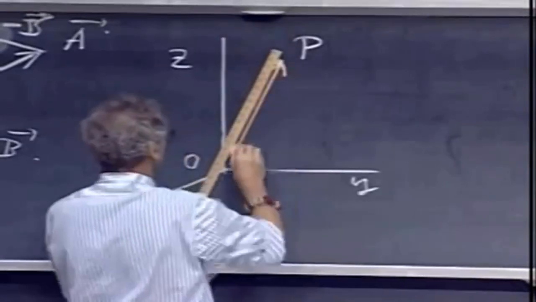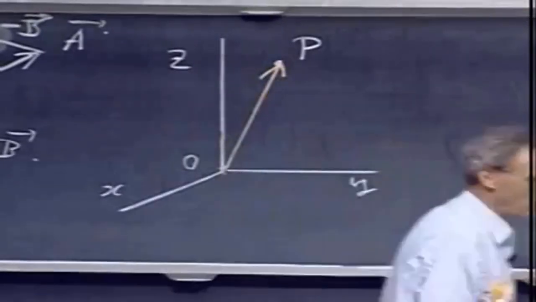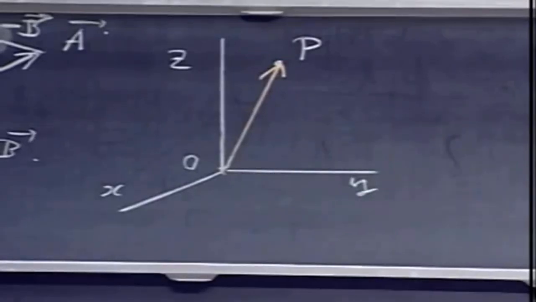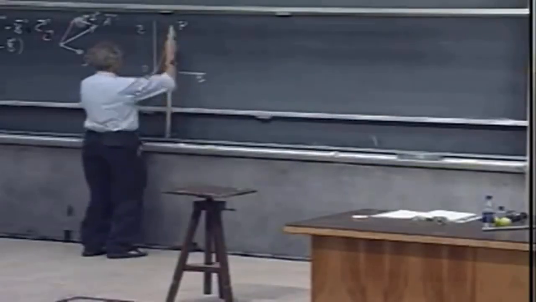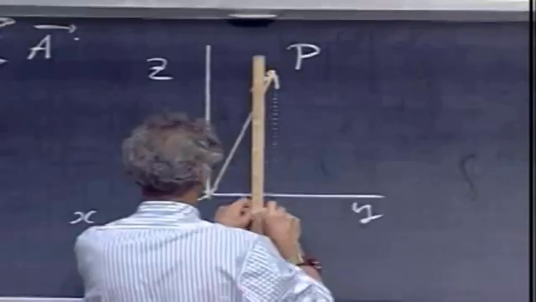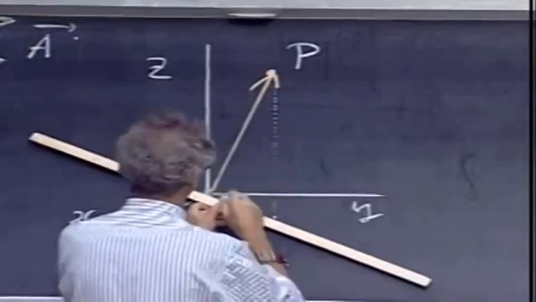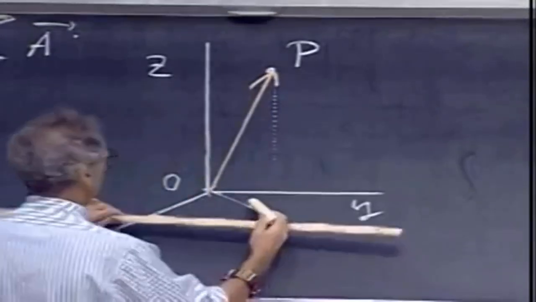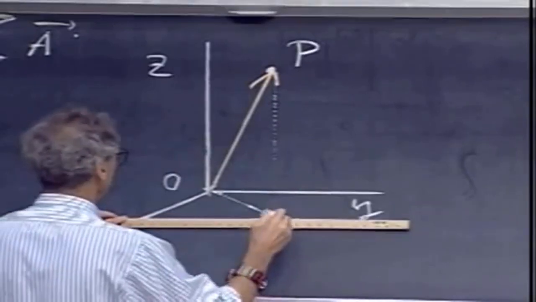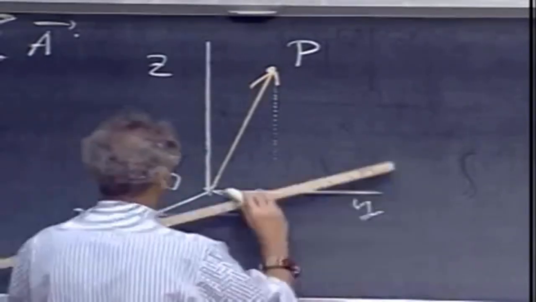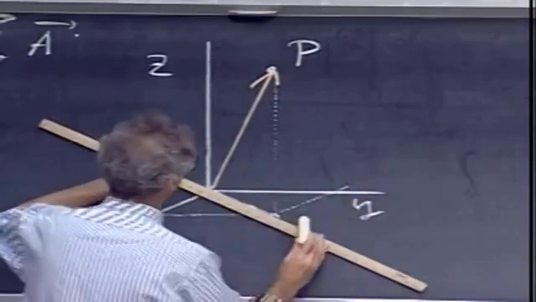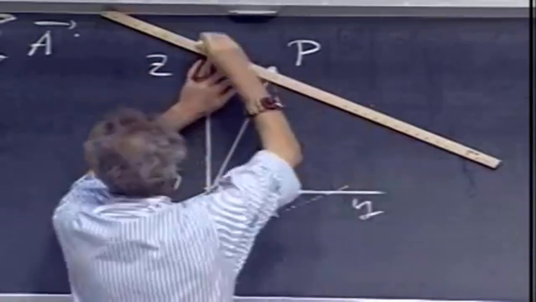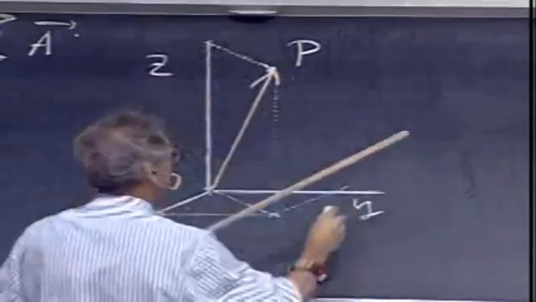That's the vector. And what I do now, I project this vector onto the three axes, x, y, and z. So there we go. There we are.